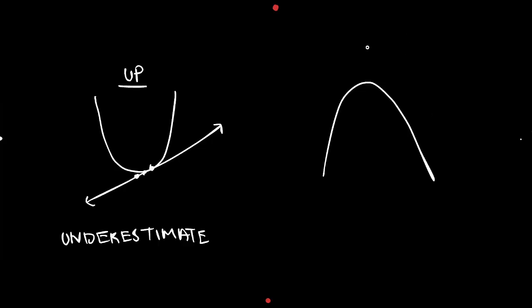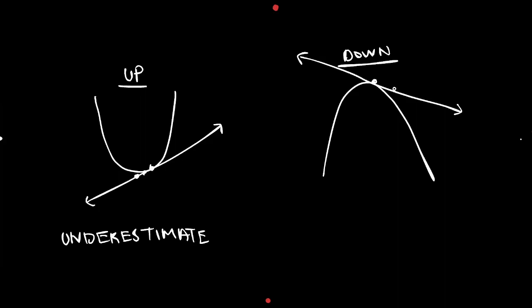Now in the case of a function like this, which is concave down, if we choose this point over here and again draw a tangent line going through that point, we can see that if we're using this line to approximate, this tangent line is always falling above our function.